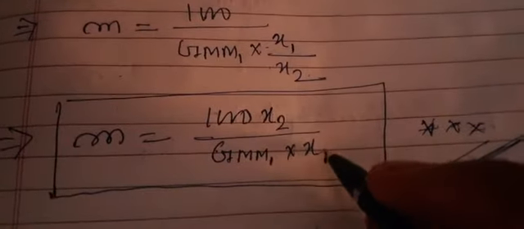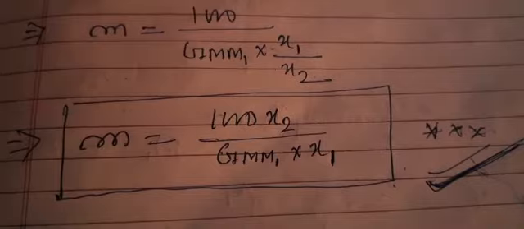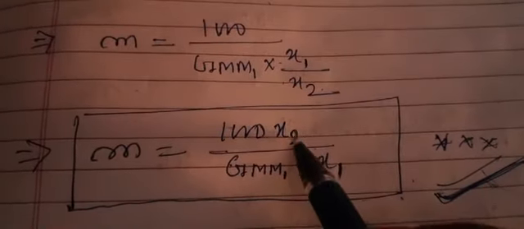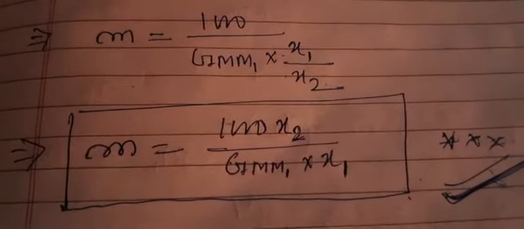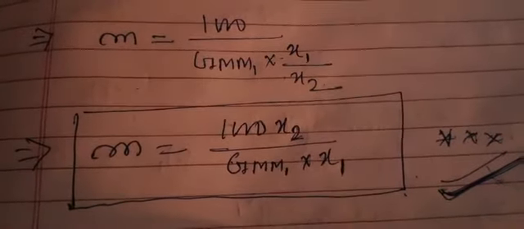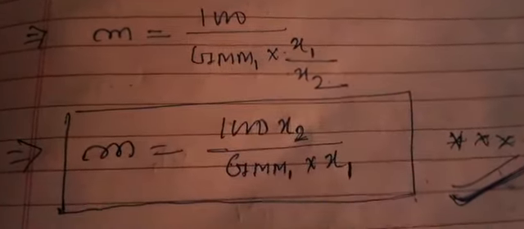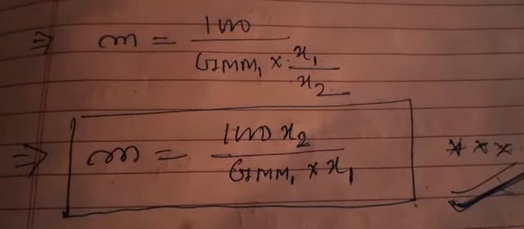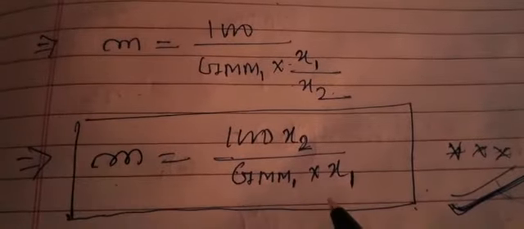So most of the people use this relationship, it appears very easy, but in this case you need both the mole fraction of the solvent as well as the mole fraction of the solute. So this relationship is the best relationship to find out the molality when the mole fractions are given.